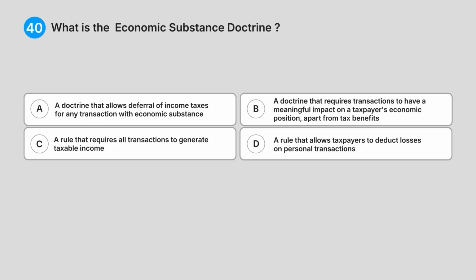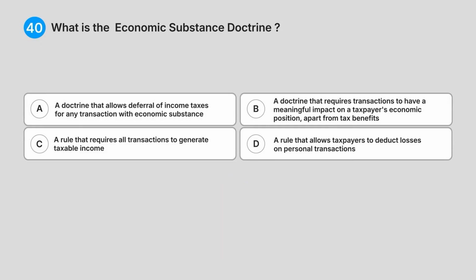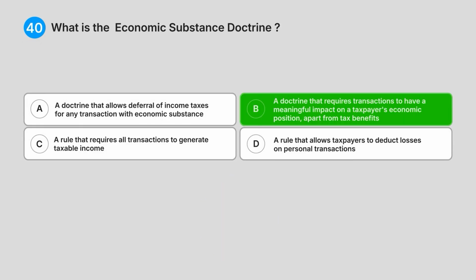D. A rule that allows taxpayers to deduct losses on personal transactions. What do you think is the answer? Correct answer: B. A doctrine that requires transactions to have a meaningful impact on a taxpayer's economic position, apart from tax benefits.